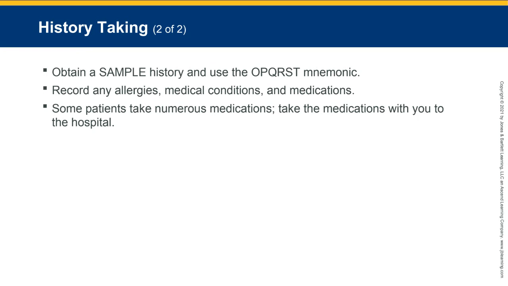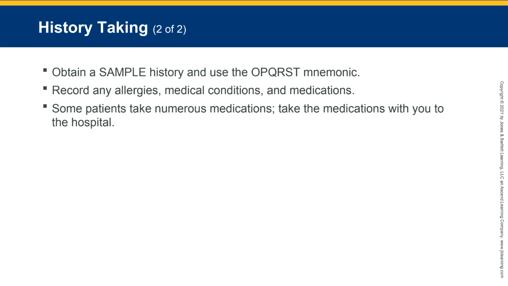So the S is the signs and symptoms, A is for allergies, M is medication, P is pertinent past medical history, L is last oral intake, and E is events leading up to. The OPQRST is specific to the patient's signs and symptoms.